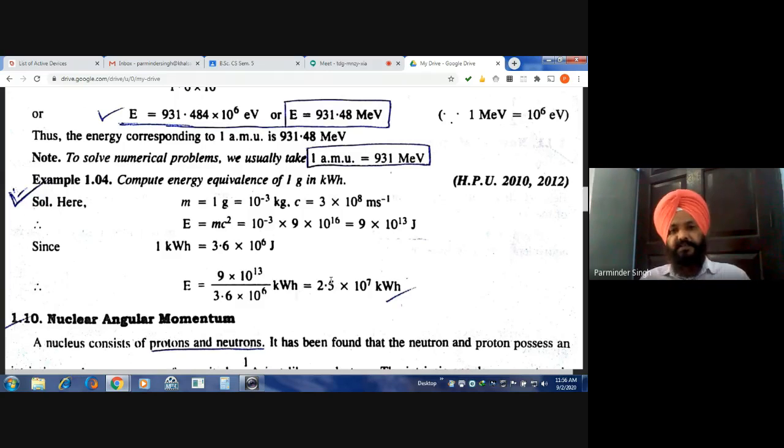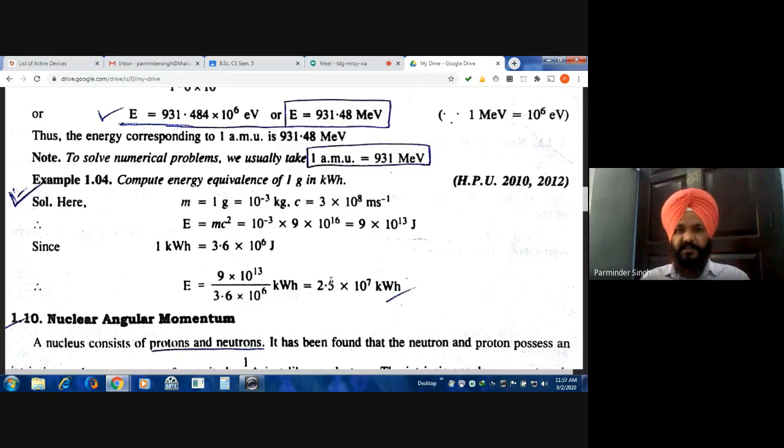And Einstein's mass energy relation is E equal to mc square, 10 raised to power minus 3 into 9 into 10 raised to power 16, which is c square. So by calculation we can find out 9 into 10 raised to power 13 joules of energy is there.